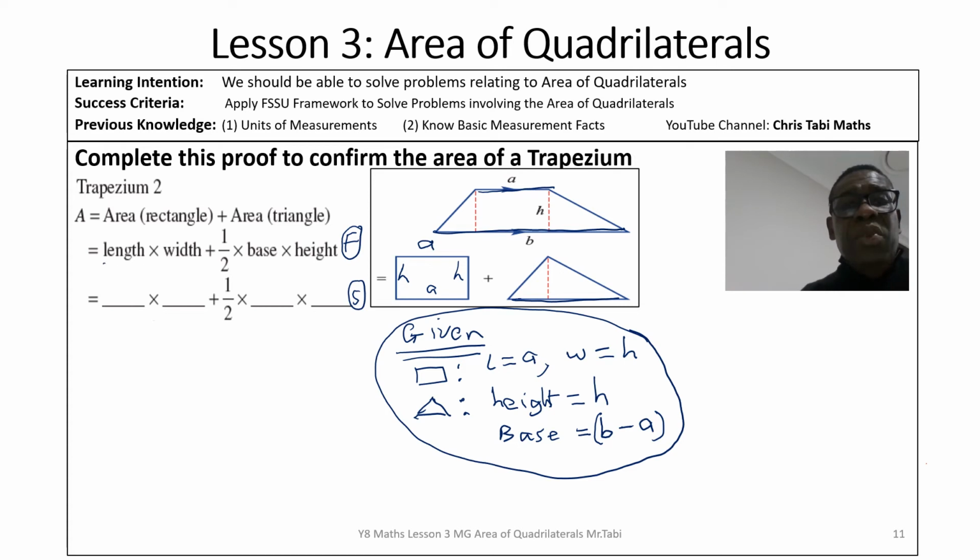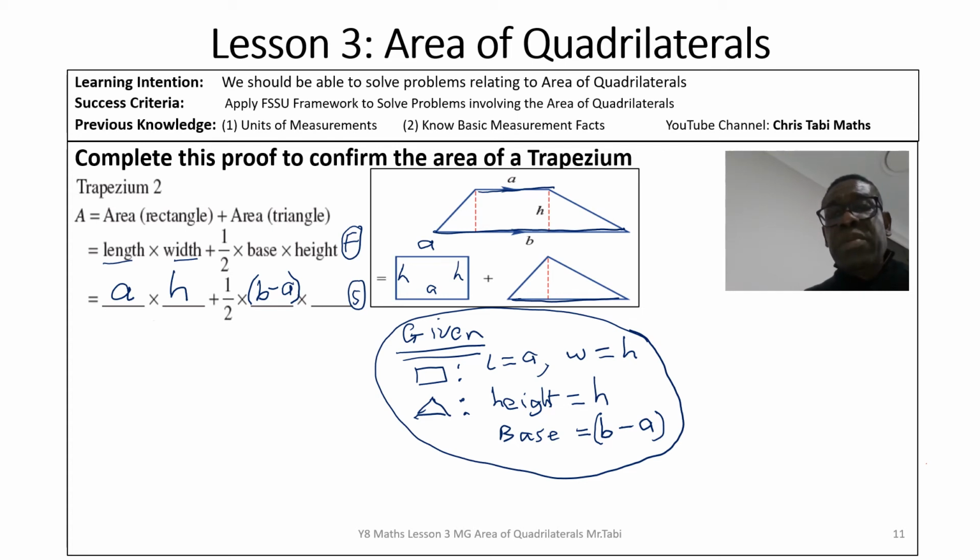So length times width. The length is a and the width is h. For the triangle, it's going to be half base times height, which is the half here times the base. The base is b minus a. I have to put it in a bracket since I'm multiplying with other things, otherwise I'll make a mistake. That has to be done first, b minus a. Okay.